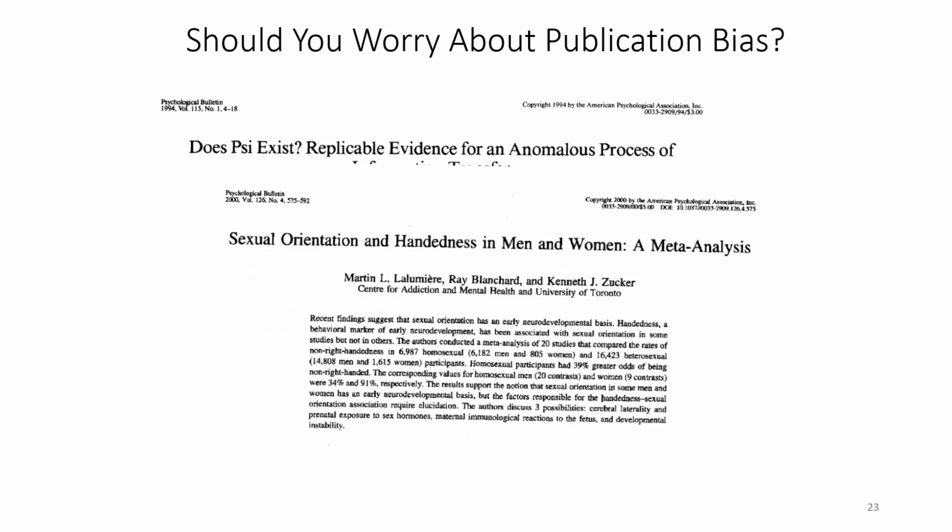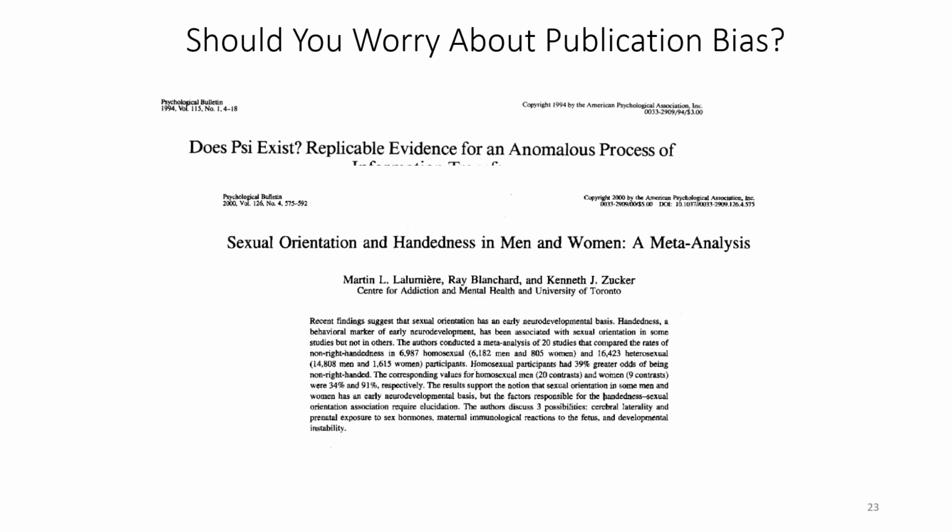I got a couple more examples. Sexual orientation and handedness. Okay, a lot of data available. Would you be interested in publication bias? I think it would depend on whether there was a popular hypothesis about it. It's been bandied about in the literature. People have talked about lefties being more likely to be sexual minorities, for example.